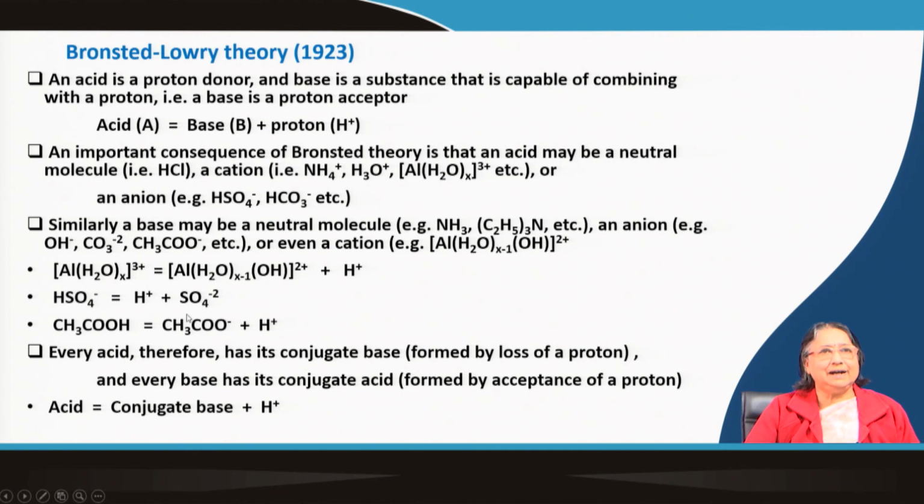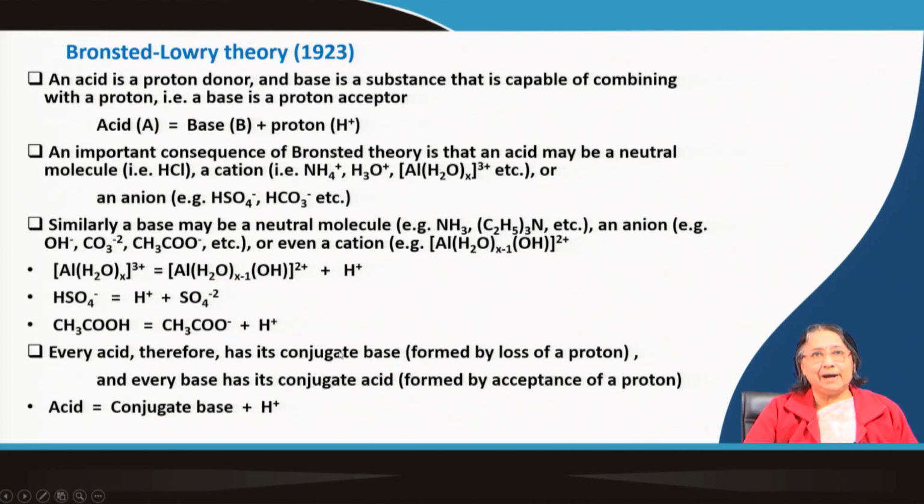It has been shown here in equation form, that why something is acid, why something is a base. Now, from this we can easily understand that every acid therefore has its conjugate base. When an acid gives up a proton, then it forms another compound which is nothing but its conjugate base.